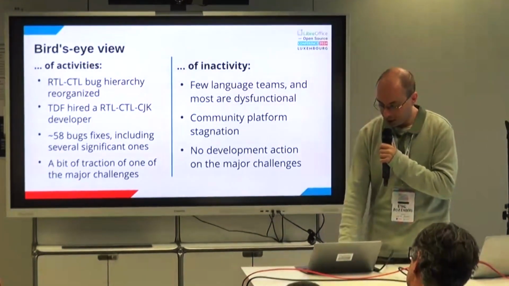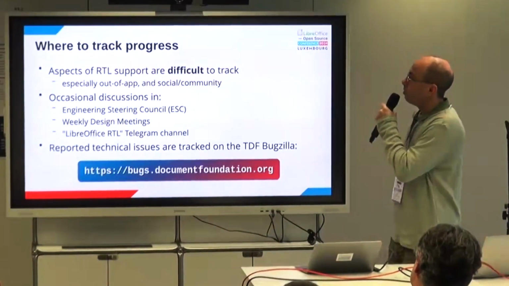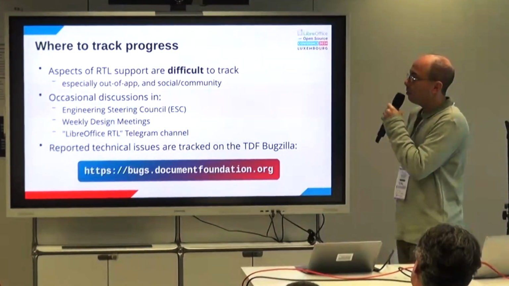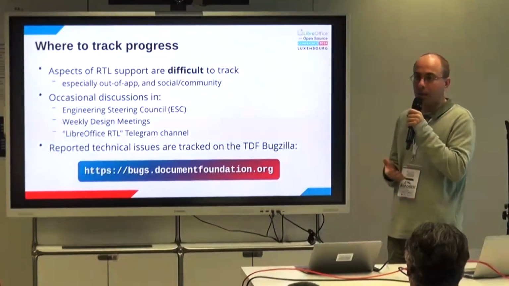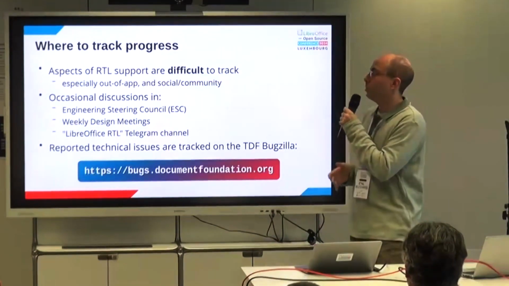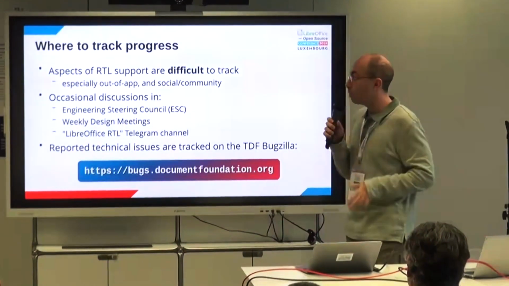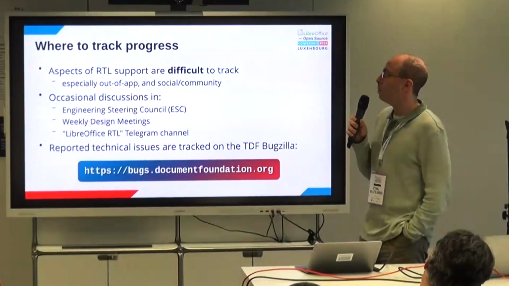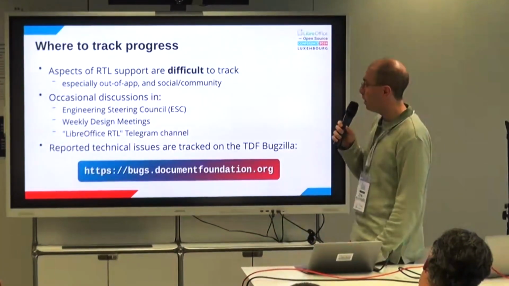So let's mention a few details. I mentioned bugs, but more generally, if you want to track and get an idea of what our situation is with respect to right-to-left support, that's not that simple, especially the aspects that are outside of the application.